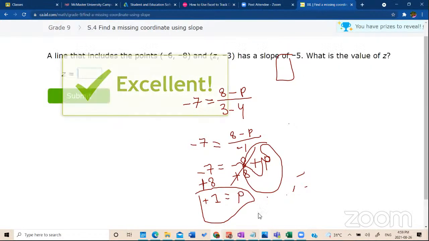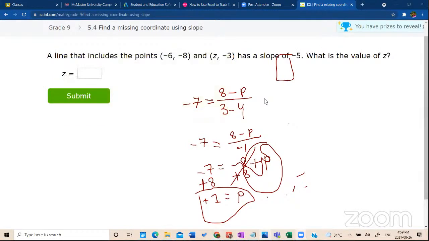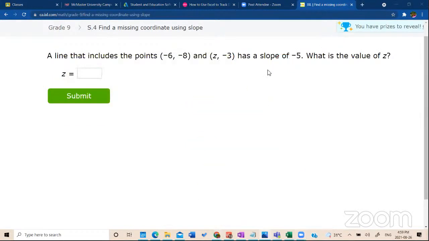Yeah, very good. Okay, let's try this one together. What's the first thing you're going to do? The first thing is negative 3 minus negative 8, and then Z minus negative 6.